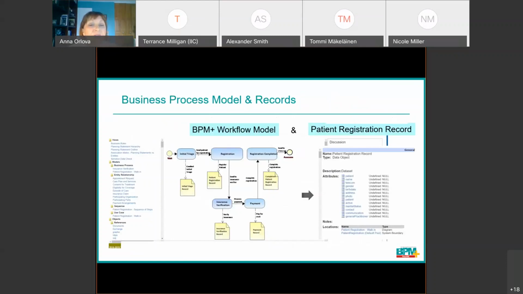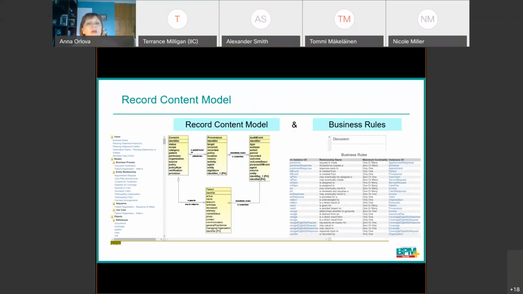And this is the BPM Plus workflow model that we used to describe the business processes as well as the records associated with those processes. Moving forward, we developed the data schemas, data models that reflect those data requirements specified in the use case, and within the tool, we were able to associate them with a particular business rule, by each data, by each flow of events.